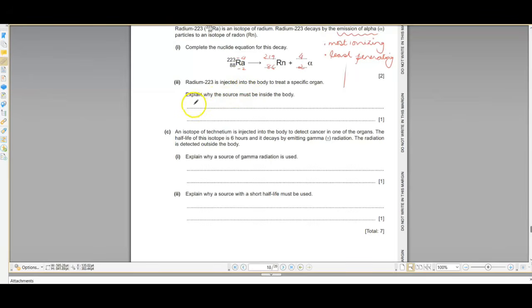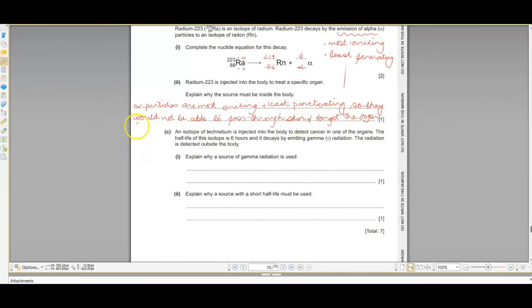So this is basically the reason, and if we have to write it in a scientific manner using keywords, it would be that alpha particles are most ionizing and least penetrating, so they would not be able to pass through skin and target the organs.